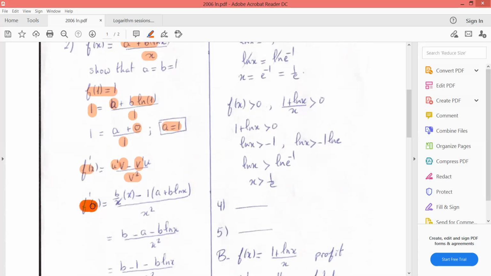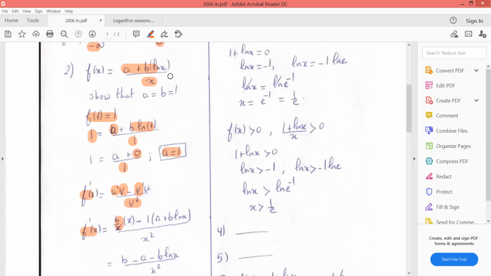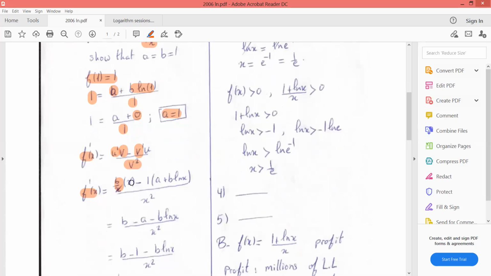f prime x equals u prime, we said, b over x. Is it clear why b over x? Because the derivative of ln x is 1 over x times b is b over x, times v which is x, minus v prime which is 1, times u which is a plus b times ln x, over x squared. x and x simplify, b remains.